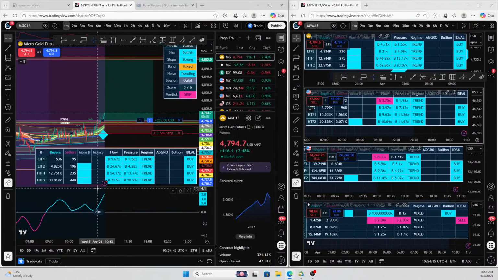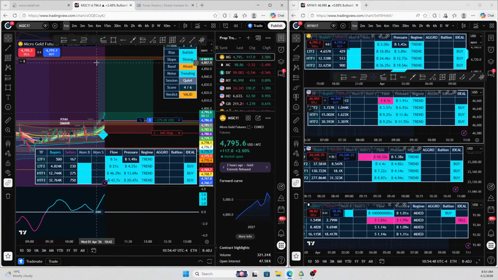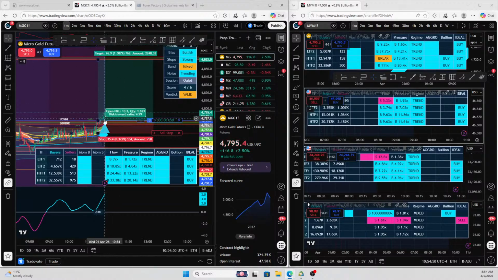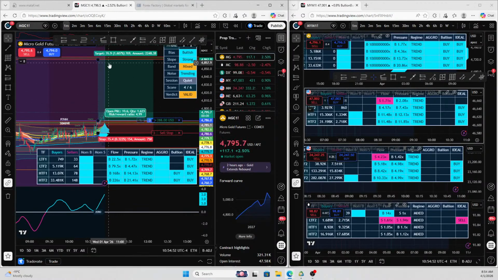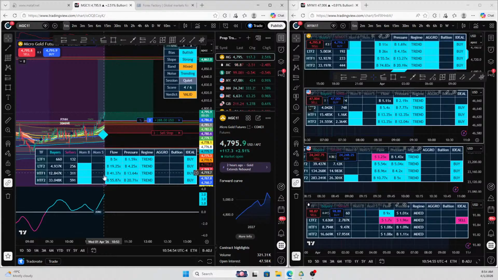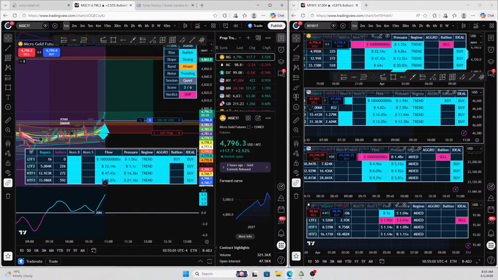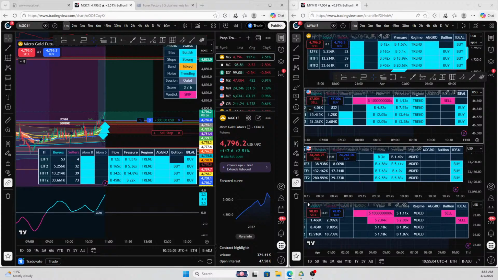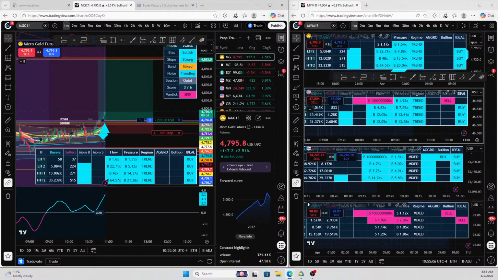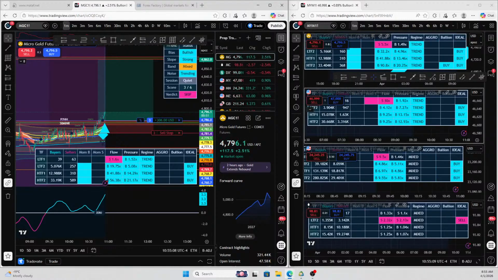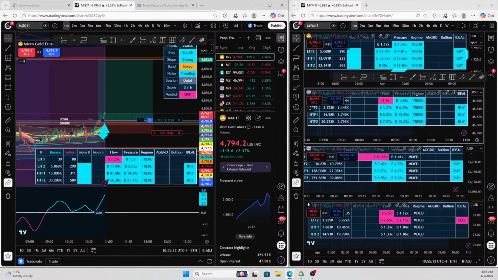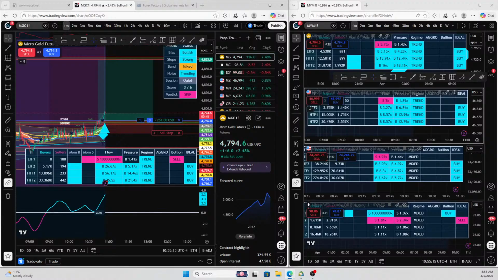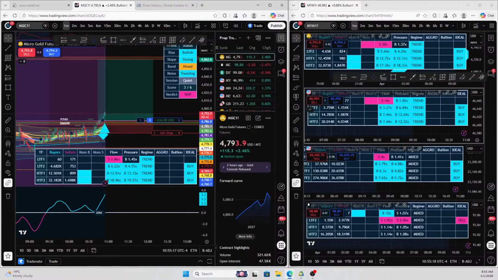Normally we would aim for 1:2, but since this is a pretty clean trade, we would target the 4860 level. Okay, candle is closing in 5 minutes, guys. Okay, we are seeing some pullback.